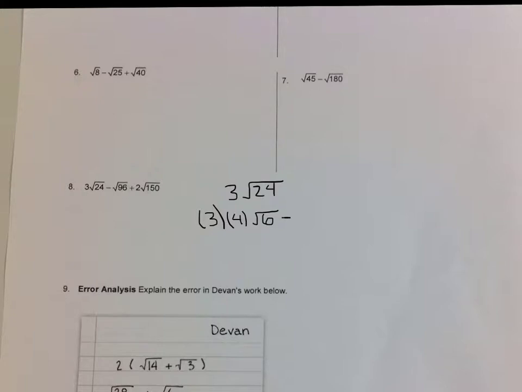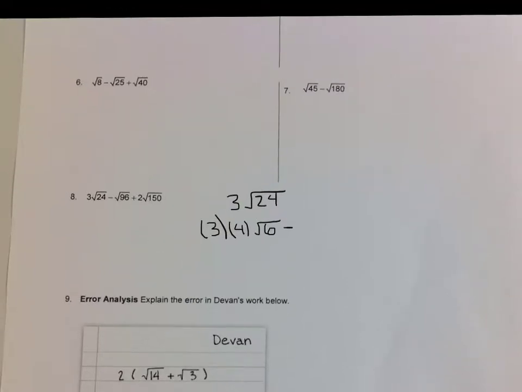Minus 3 times the square root of 96. A perfect square of 96, I'm sorry, would be 16. Square root of 6 plus, I'm going to bring the 2 down, square root of 150.